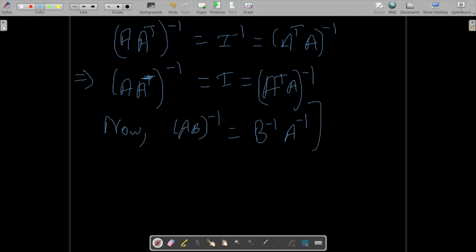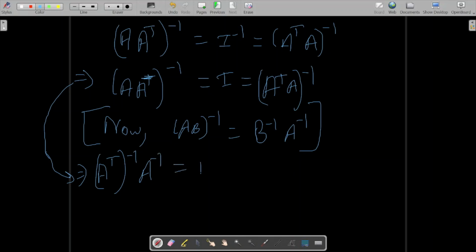Applying this property, we get: A inverse A transpose inverse is equal to I is equal to A transpose inverse A inverse.